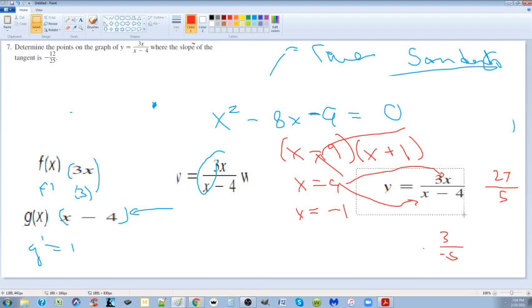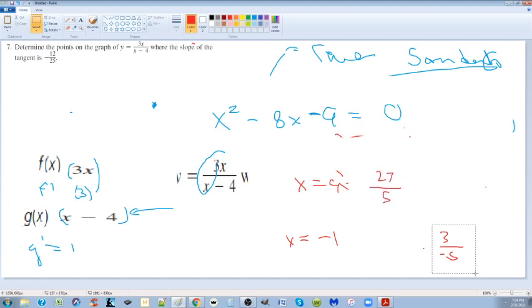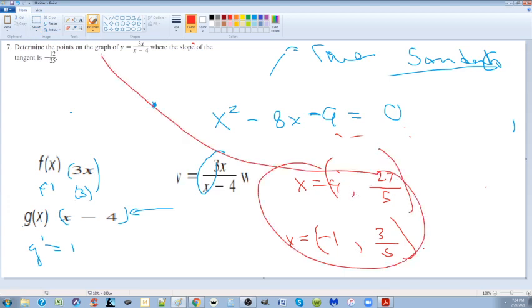That means when my x is 9, my y is that. When my x is minus 1, my y is that, which means my points are this. That's a 9, by the way, comma, that. There are my 2 points that fit into that graph.